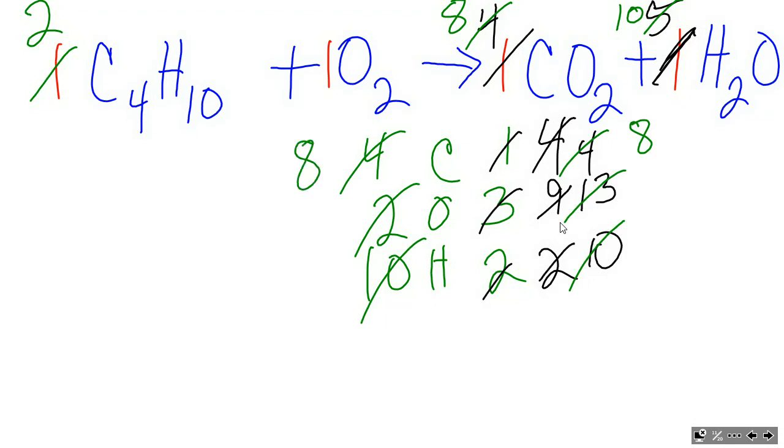We've got 20 hydrogens. And we've got 2 times 10, 20 hydrogens. Okay, over here now we've got 2 times 8 is 16 plus 10, right? Now I can just make a nice, okay, cool, 13.